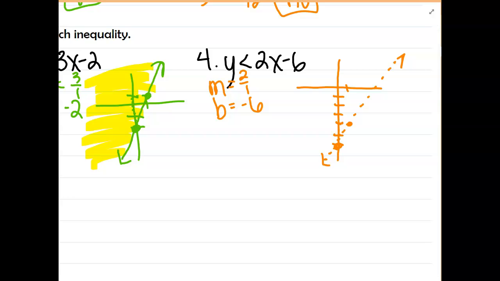These points don't work. They just kind of separate the solutions from not the solutions. So far, I have no solutions because the points on the line don't work. But the solutions are either going to be the points above or below the line. This time, I have a less than. Since it's a less than, this time, you're going to shade below the line. These are the points that would work for that inequality.